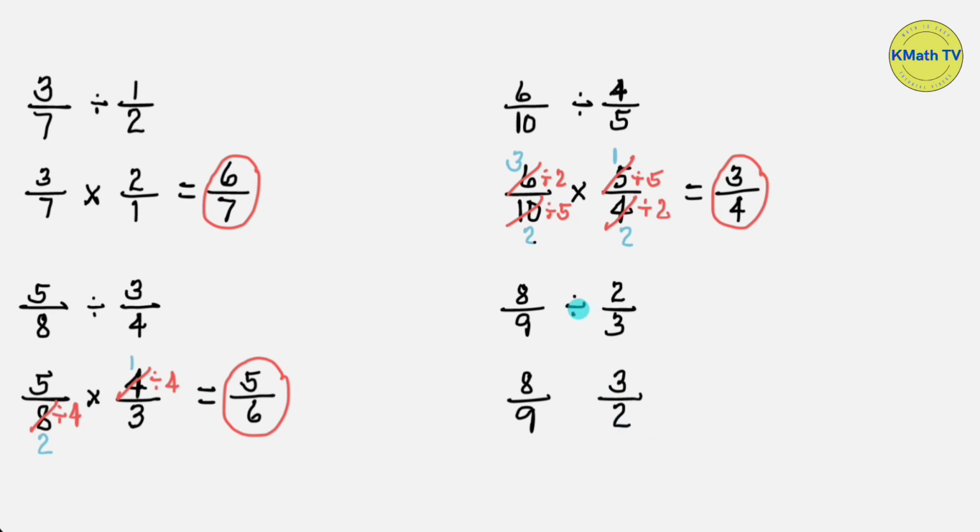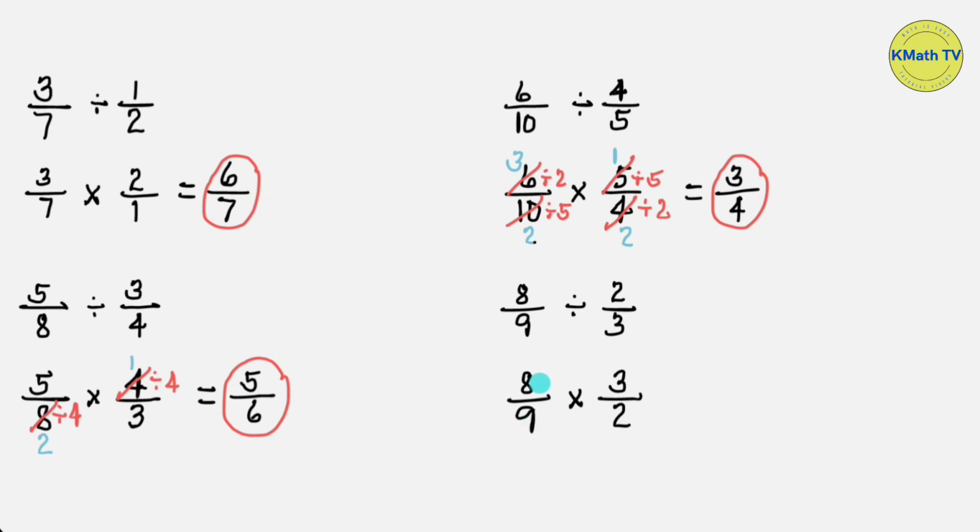Okay, then change the division sign to multiplication sign and multiply. As you can see, cancellation is applicable in this problem. So let's cancel first before multiplying. Here, we can cancel the numerator 8 and the denominator 2, as well as 3 and 9.